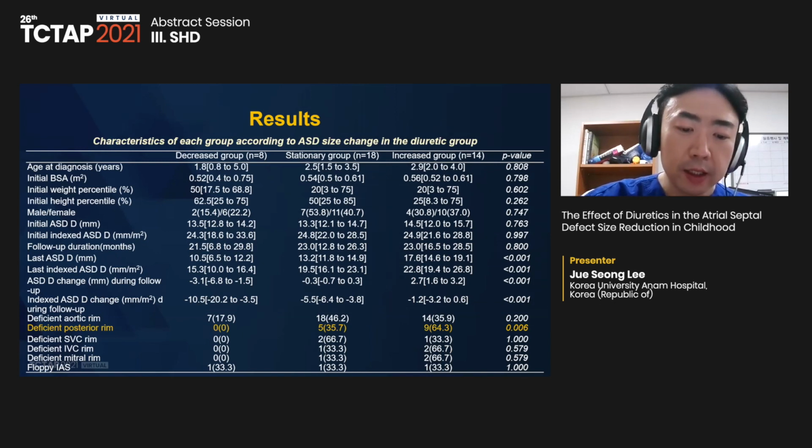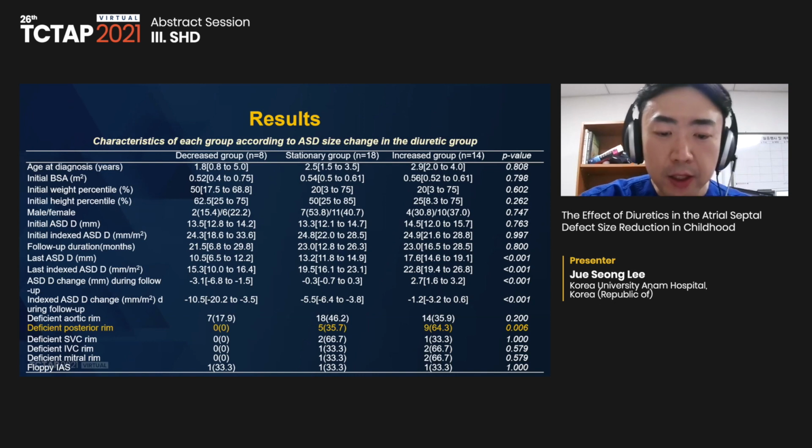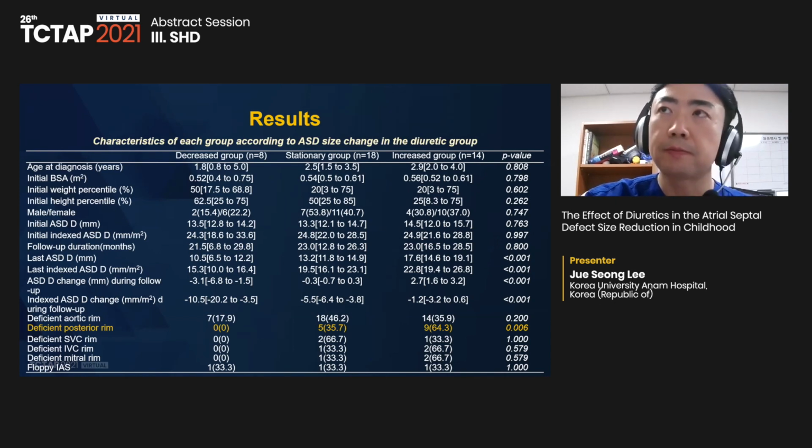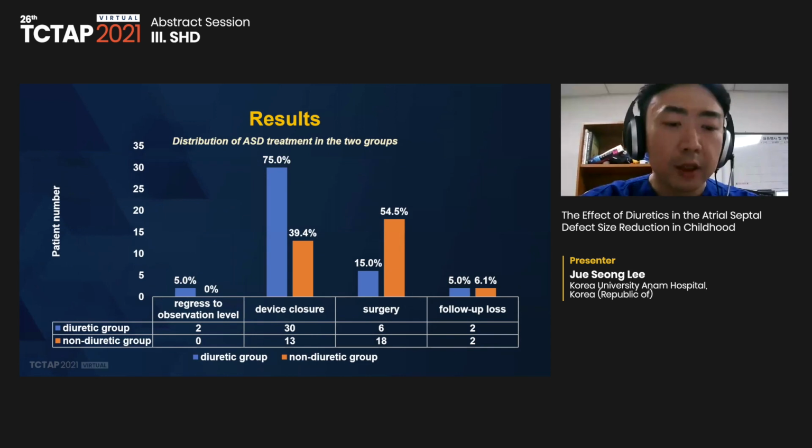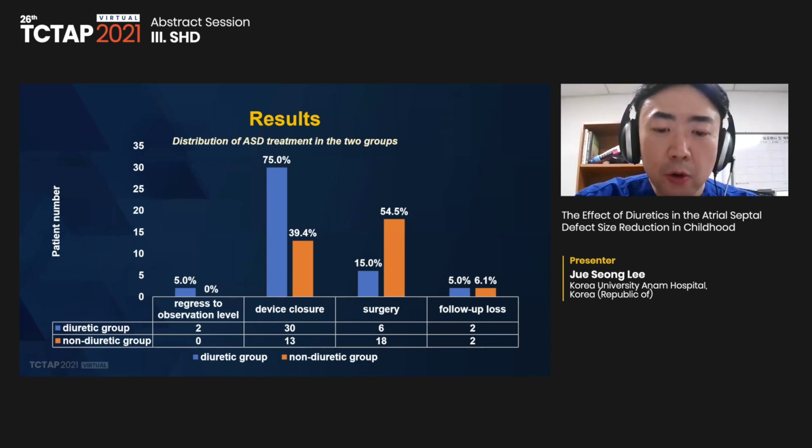We investigated the characteristics of the three subgroups according to the ASD size change in the diuretic group. None of the clinical features showed significant difference between the three groups. Posterior limb deficiency was the only factor that showed significant difference between the groups. And significant differences were observed for the distribution of treatment method.